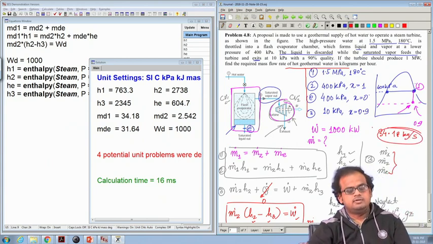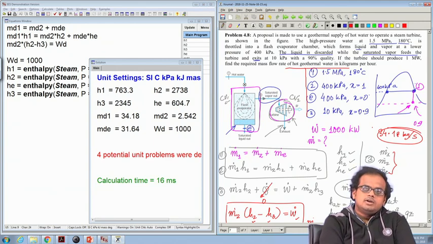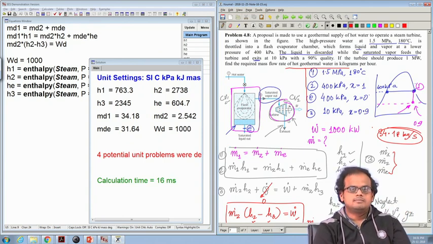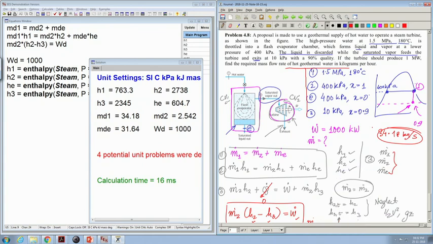So, that is how we tackle this problem. We break down the problem into different control volumes and see how it pans out. I hope you will try to solve more problems of this kind with the help of a computer.